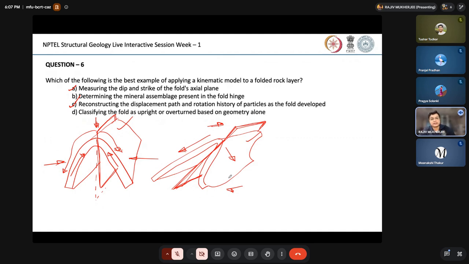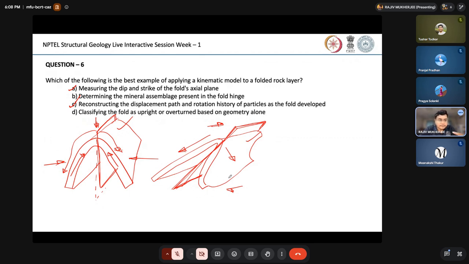And you can reconstruct the displacement path and the rotation history of particles during the development of the fold. So that is why option A and option C both will contribute towards the kinematic model of the fold.